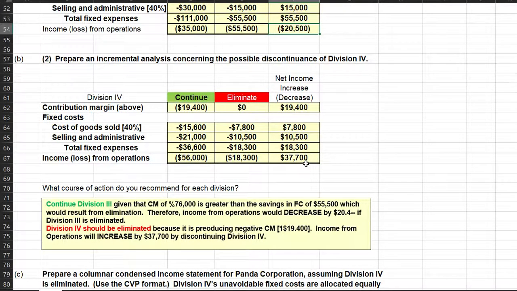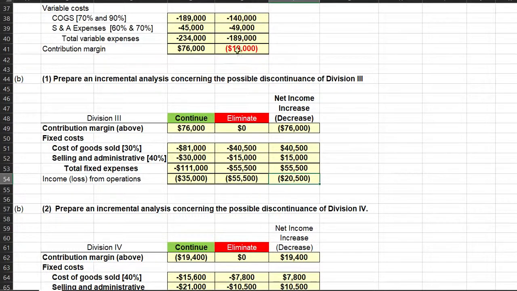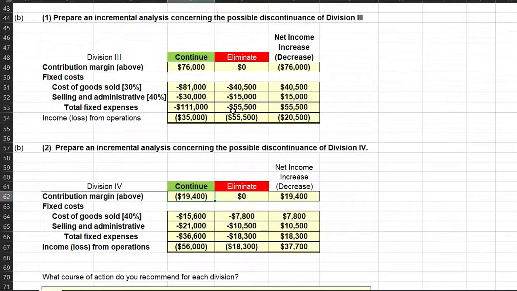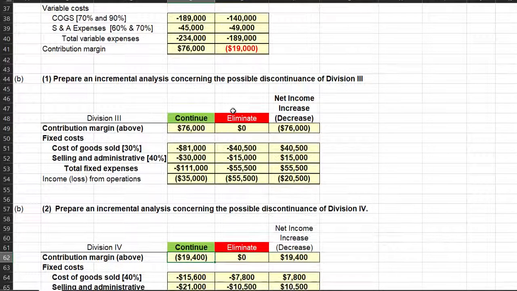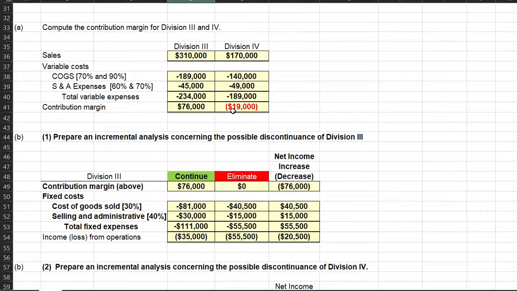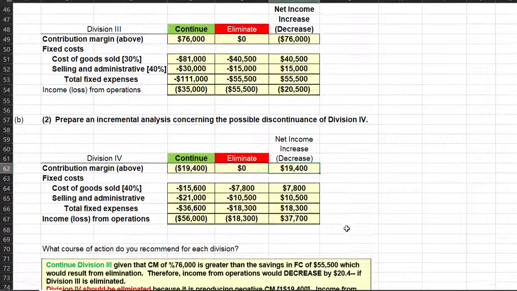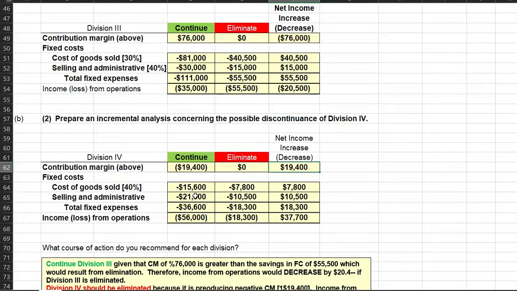Let's look at Division 4. Division 4, remember that Division 4 had a negative contribution margin of $19,000. So if we got rid of that contribution margin, it would then be indicated here as a $19,000 increase in the net income of the organization.